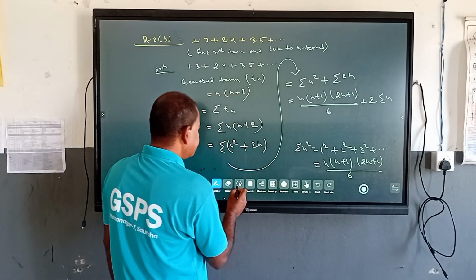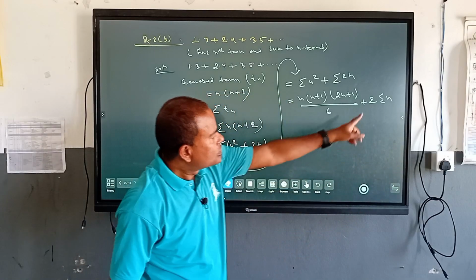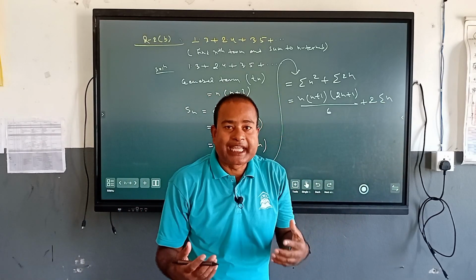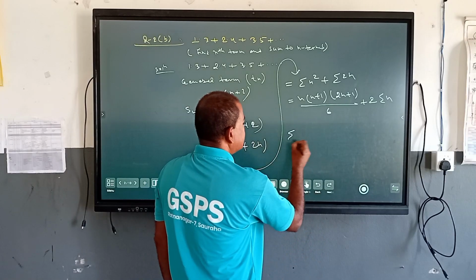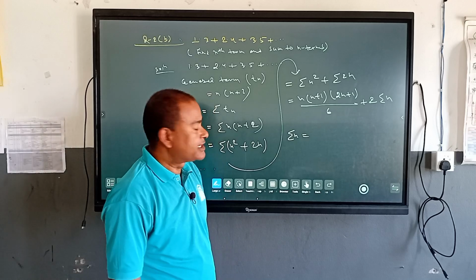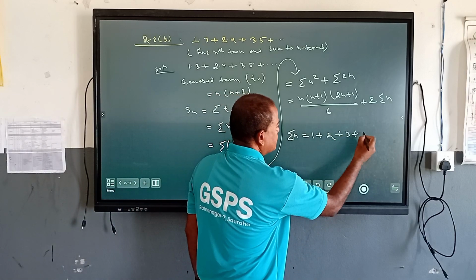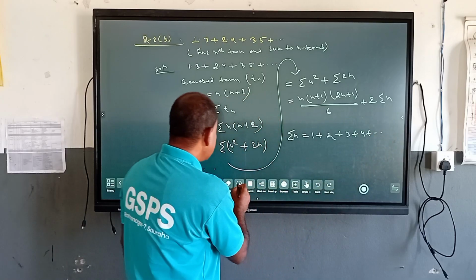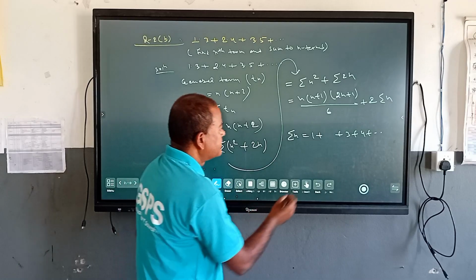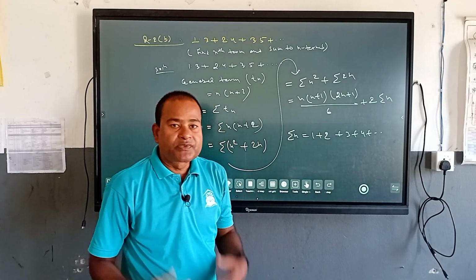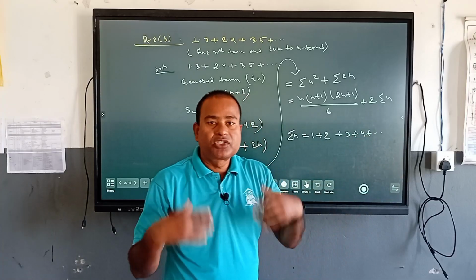Now we know that summation n means the sum of the first n natural numbers, that is 1 plus 2 plus 3 plus 4 plus to n terms.